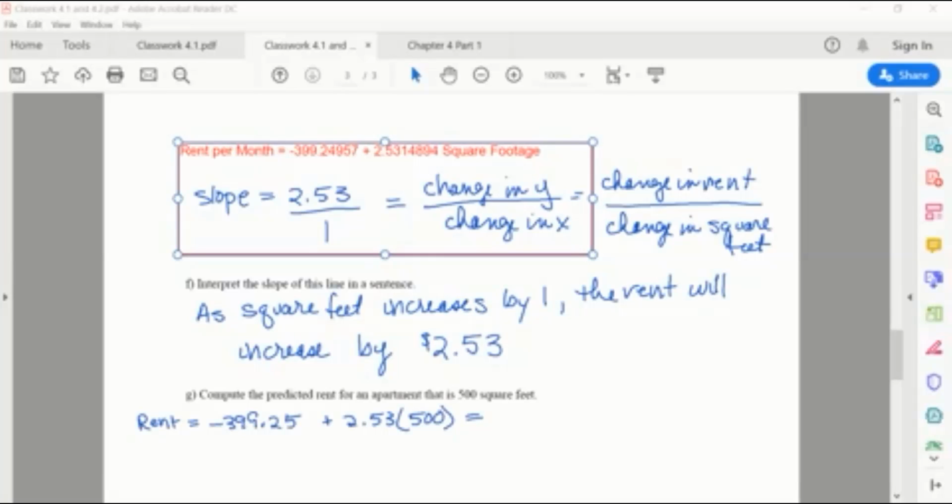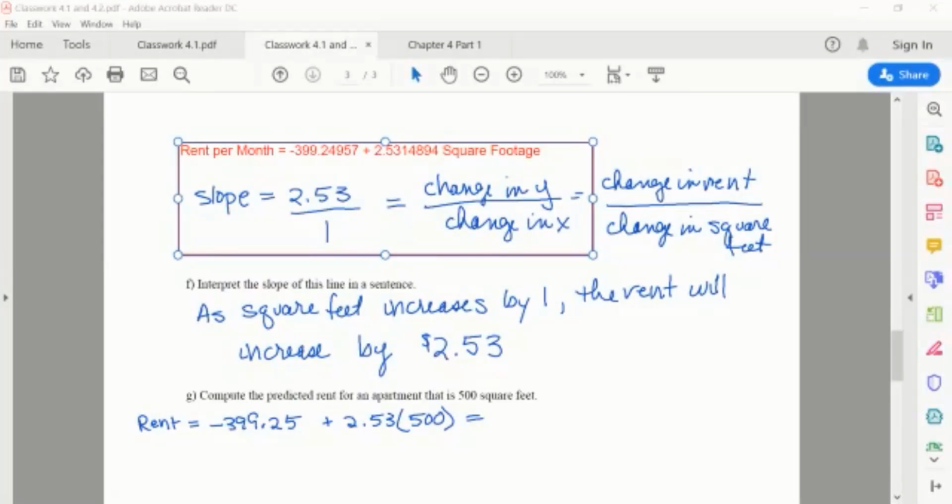So we'll multiply 2.53 times 500 first, and then I'm going to subtract 399.25, and I get 865.75. So that is our predicted rent when an apartment is 500 square feet.